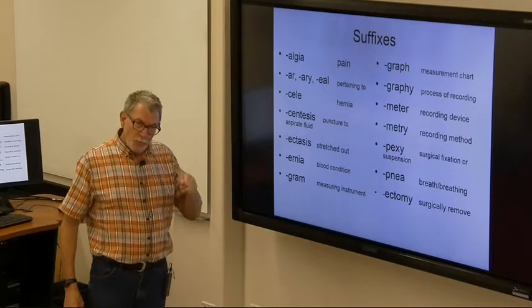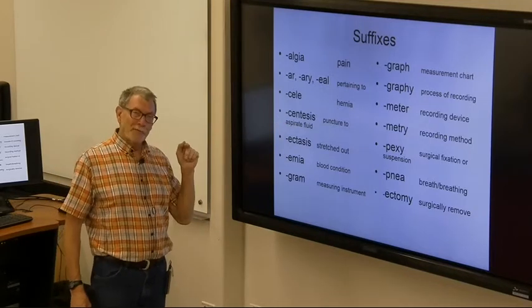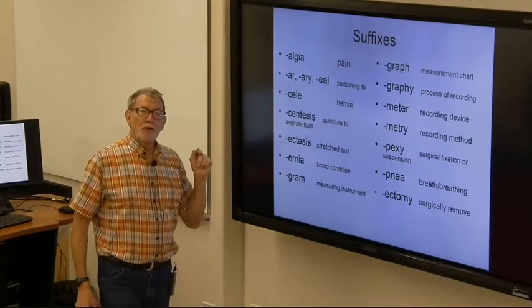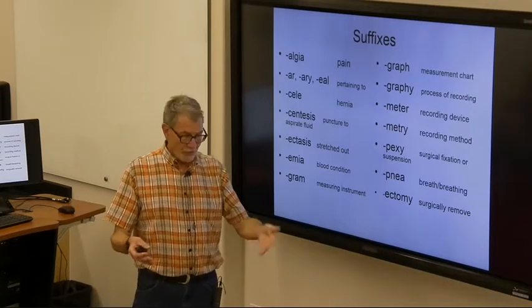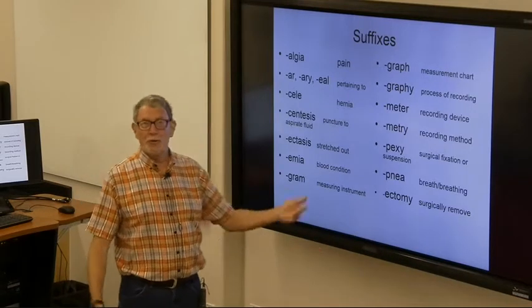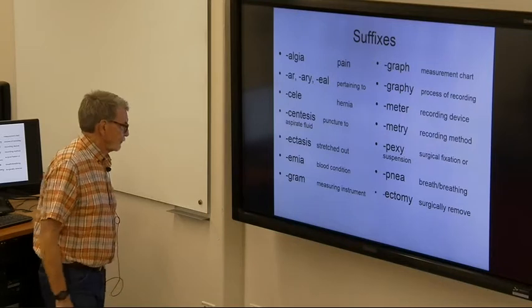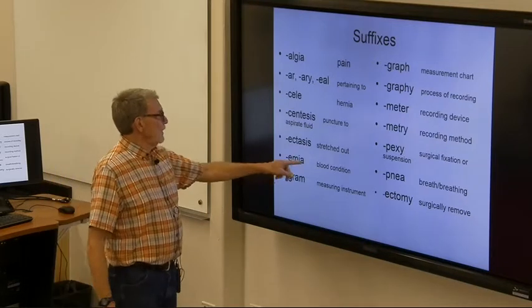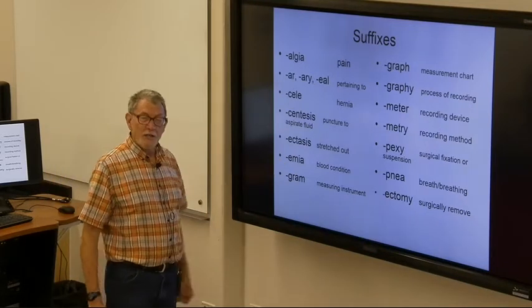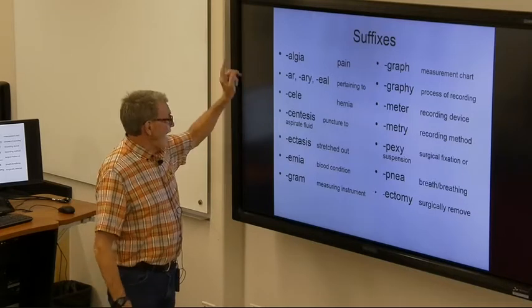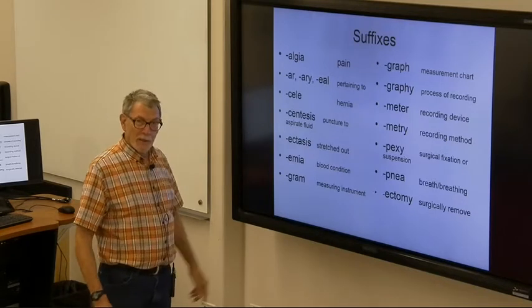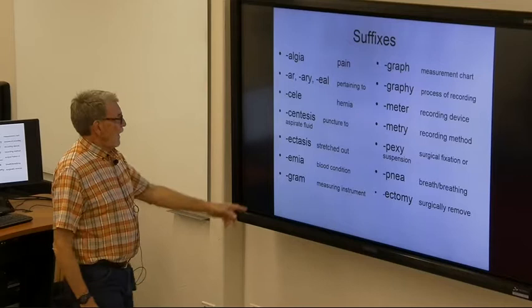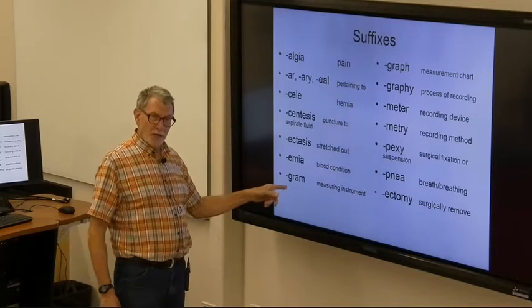Centesis is to puncture and withdraw fluid. Most of you know of an amniocentesis, taking out fluid to see if your baby's okay. Emia is a condition of the blood specifically. So anemia, not enough blood. Gram is a measuring instrument.